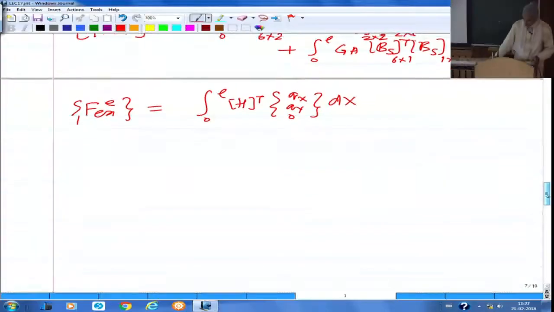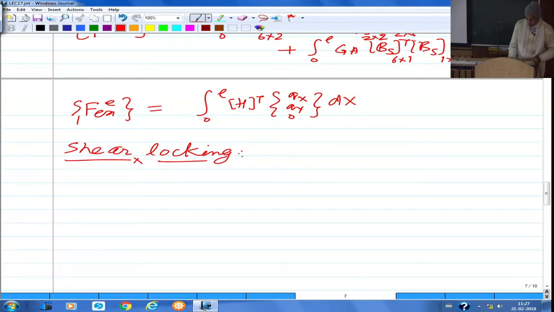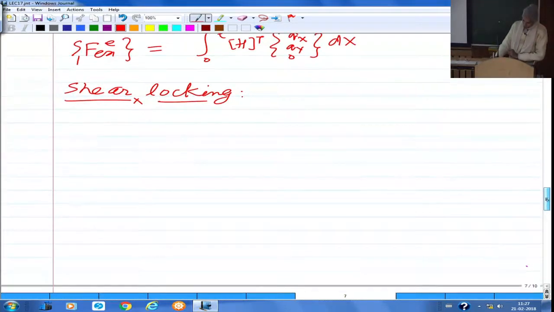Now what I am going to discuss is a typical problem known as shear locking. Now this is the term you are probably hearing for the first time, what is shear locking. Now see what happens is, if you recall Euler-Bernoulli beam theory, I had said that this is applicable for thin beams, typically where L by H is no greater than 20 or of that order.